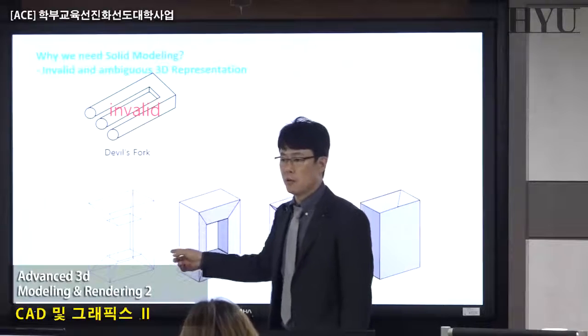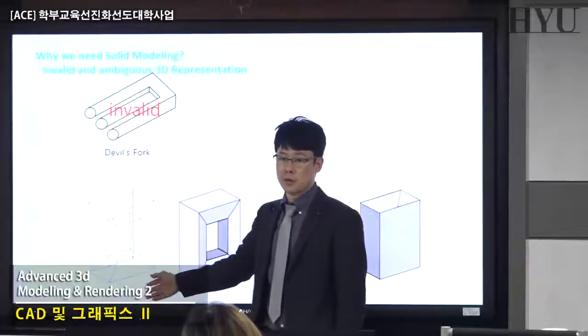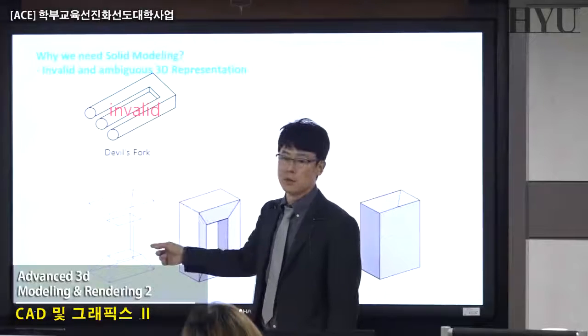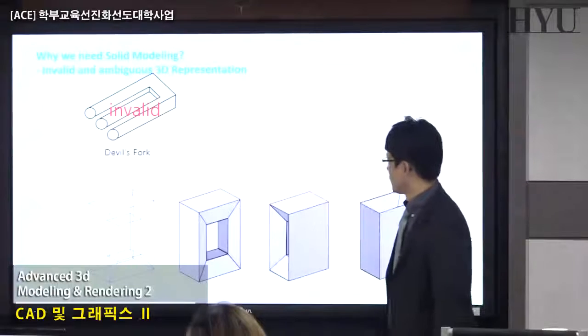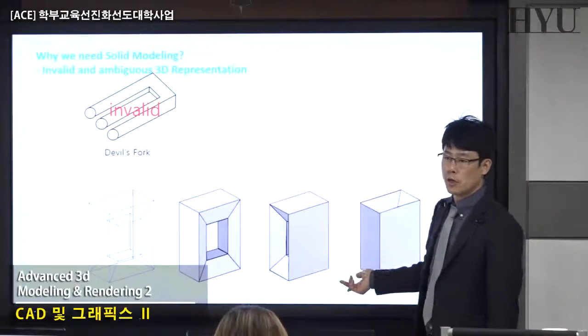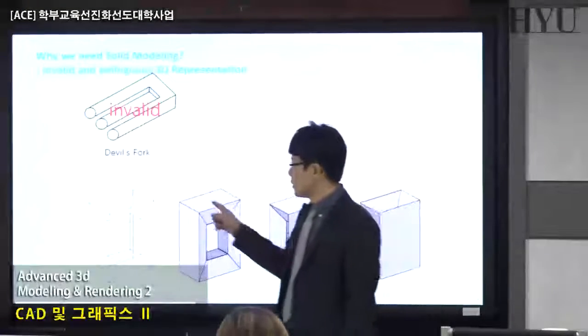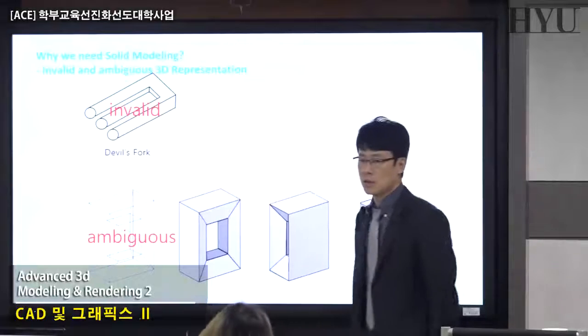Okay, that's the problem with this kind of ambiguous definition. If this is solid, non-solid, I mean a combination of surface objects, there is this kind of ambiguity. All these are totally the same, one single representation, this one. In other words, it's ambiguous.